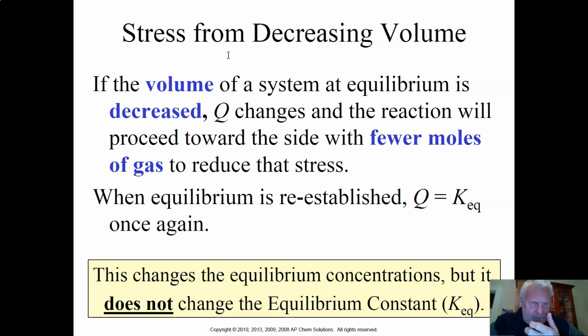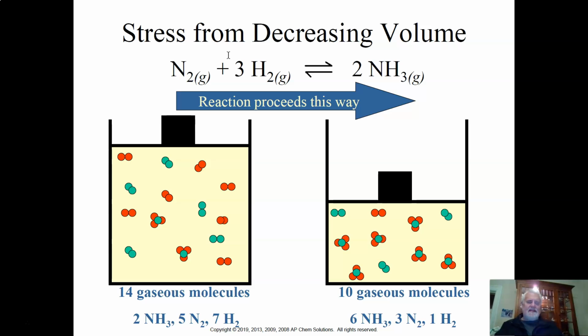So if you got, it has to be gas, and what'll happen is if you really scrunch that volume down, which will increase the pressure, okay, so you're just pushing those things together, then the system will go to the side that has the fewer moles of gases.